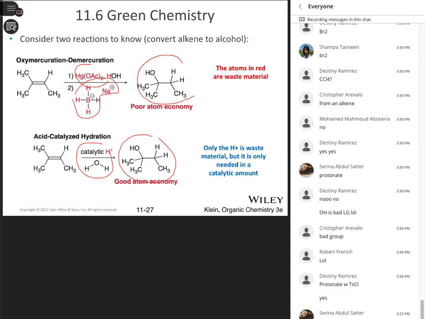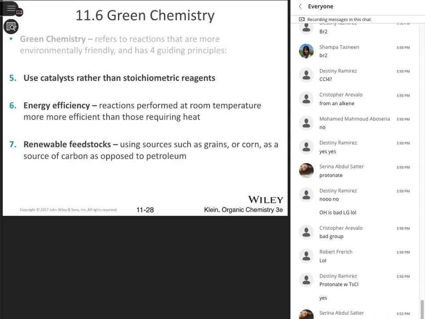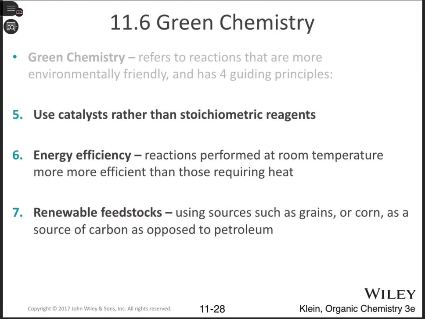So all these things are part of what you would consider when you're running a reaction or a synthesis. Obviously, use catalysts because that would speed up the rate of reaction without having to use a lot of chemicals. Try to run reactions at room temperature so you're not heating and using electricity. Of course, you could use renewable feedstocks. You can get chemicals out of grains and corn. I don't know if you guys know that.